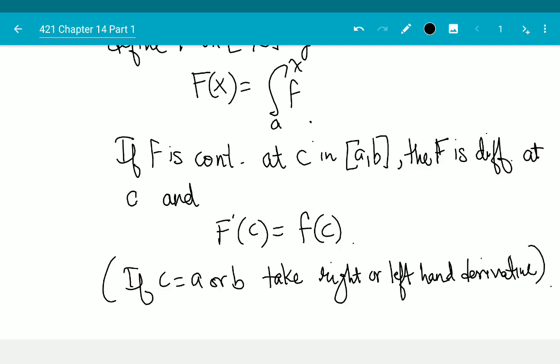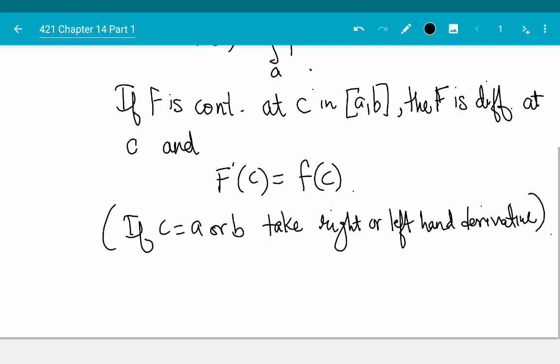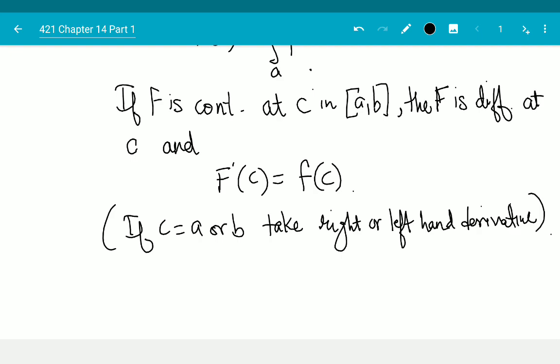So at every other point F prime of c is equal to f of c if f is continuous at c. Note, the function does not need to be continuous from a all the way to c. It just needs to be continuous at c for this theorem to be true.